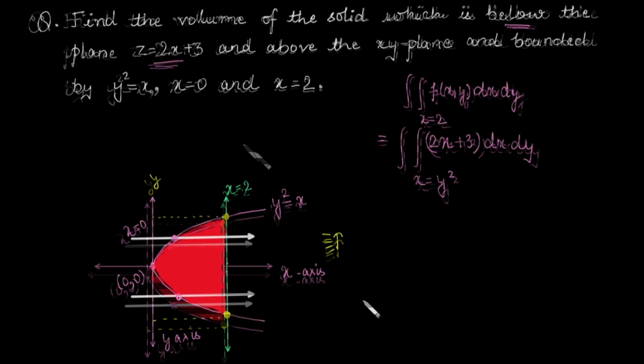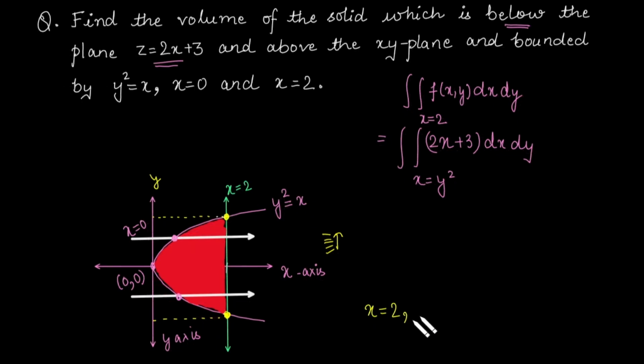Let's evaluate this. When x is equal to 2 and y square is equal to x, this implies y square is equal to 2. This implies y is equal to plus minus root 2. It means we have two different values of y, one positive and second negative.